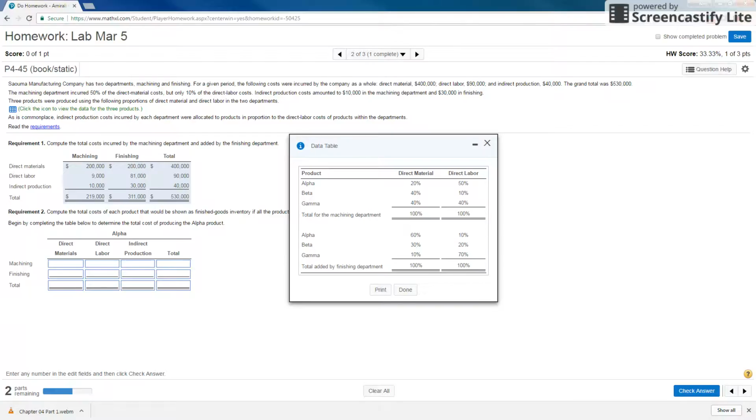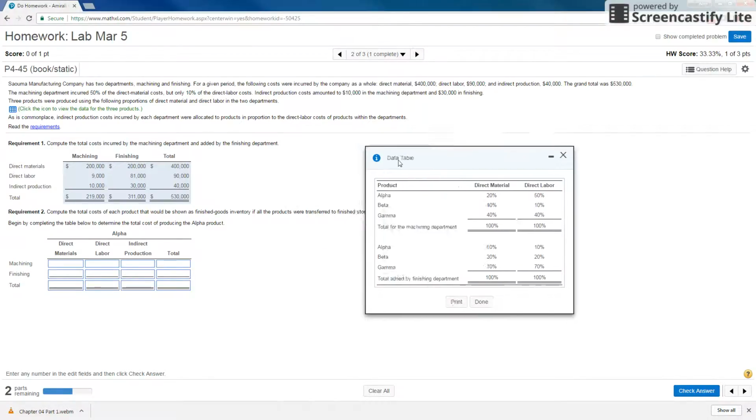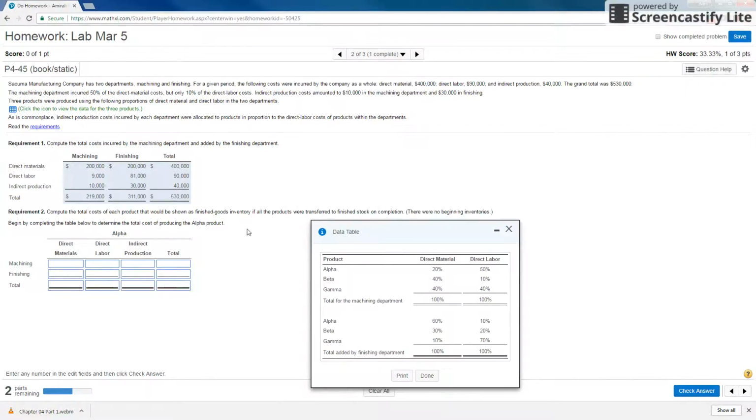Now the question asks us to calculate for each of these products. So let's put this here. It says complete the total cost of each product, and extra over here it says indirect production costs incurred by each department were allocated to the products in proportion to the direct labor cost.